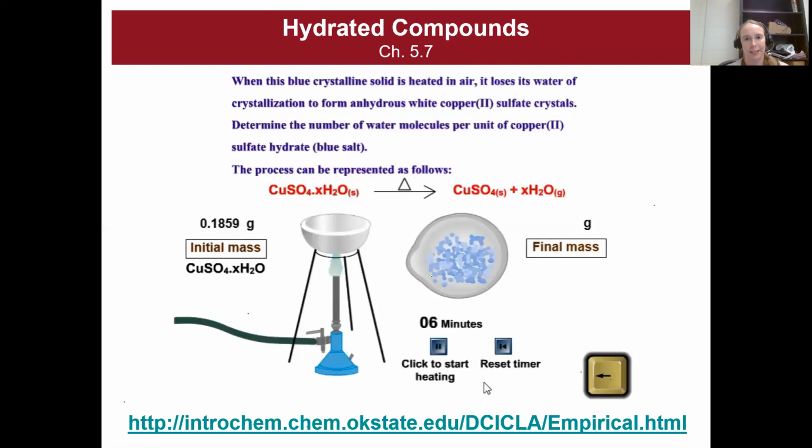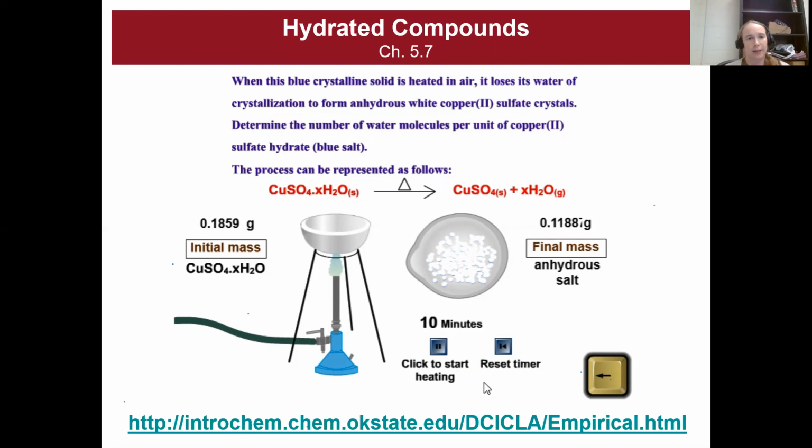So this is what's happening in the crucible as it heats. You can watch the blue color disappear. It took about 10 minutes heating over a Bunsen burner to get rid of the waters of hydration. And you can see, you don't have to worry about it mathematically right now. We will get there though.